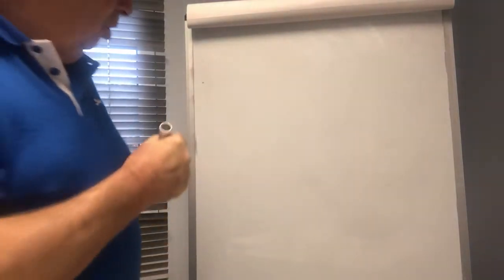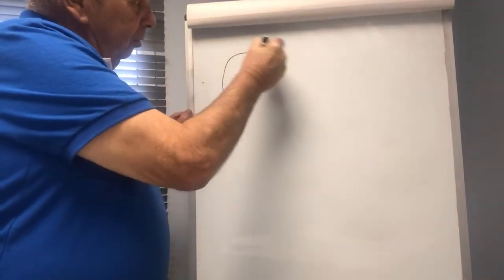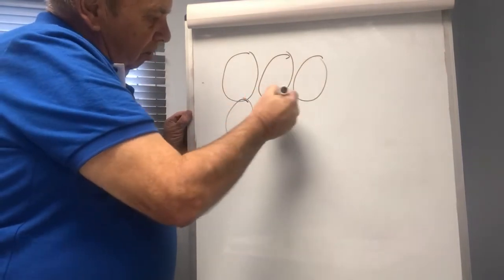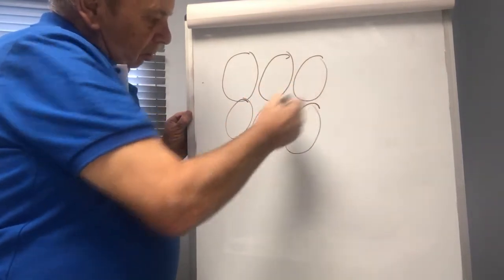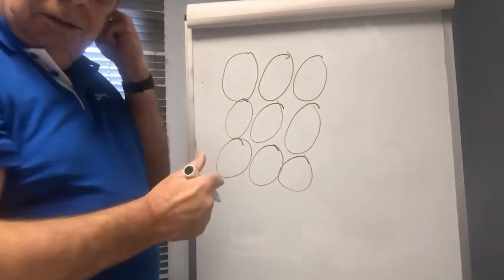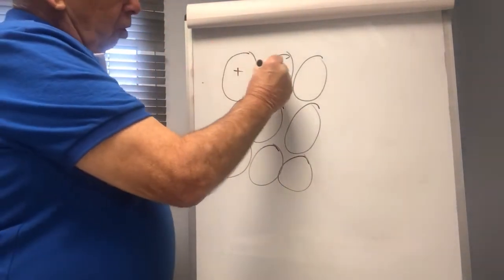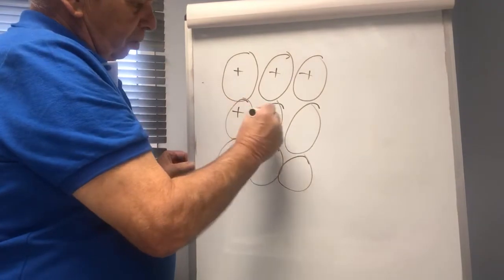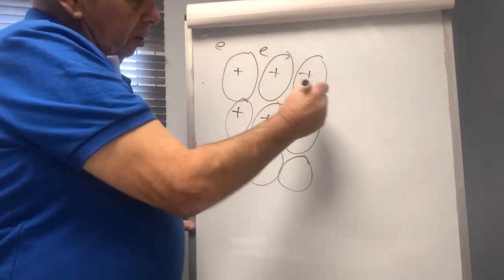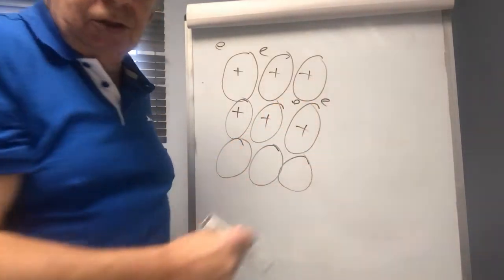It consists of metal ions, with a plus charge, and in between those ions you've got electrons.